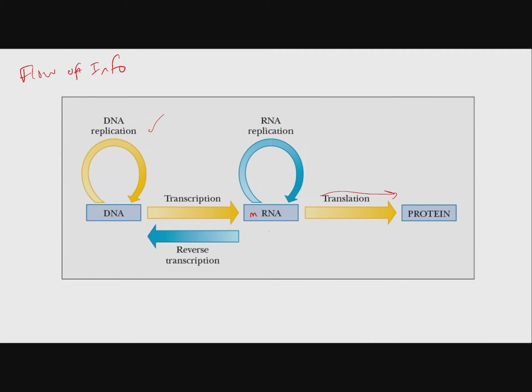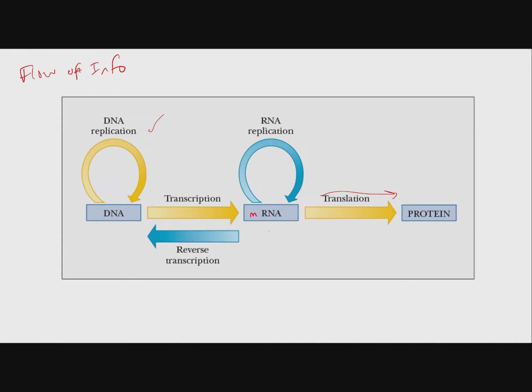Now, retroviruses are viruses in which RNA is actually the genetic material and not DNA. It was thought that DNA, we talked about this in the last chapter, was the starting material for everything. Turns out RNA is actually easier to make. You need to make RNA before you make DNA. And also RNA is sometimes the genetic storage information carrier. So in certain retroviruses, they have RNA as their genetic material rather than DNA.